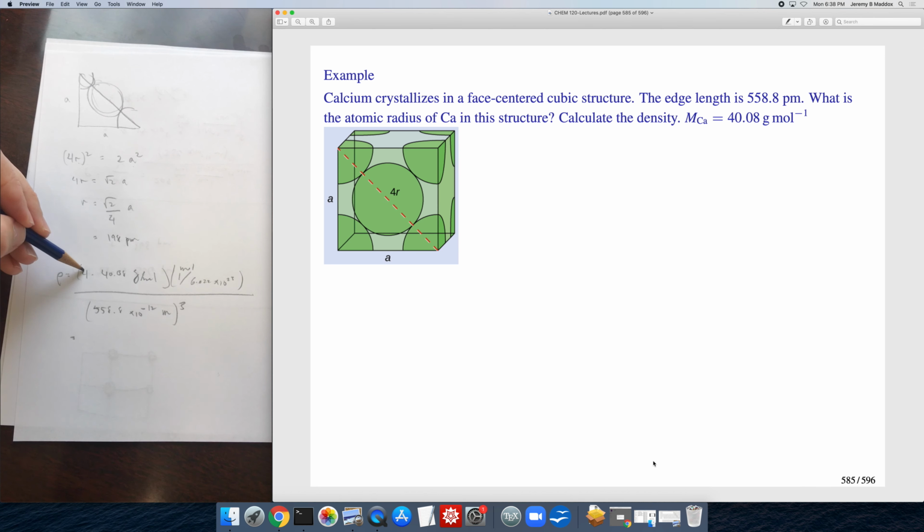You have to take into account that there are, in this case, more than 1 atom within the unit cell. There's 4, not just 1.